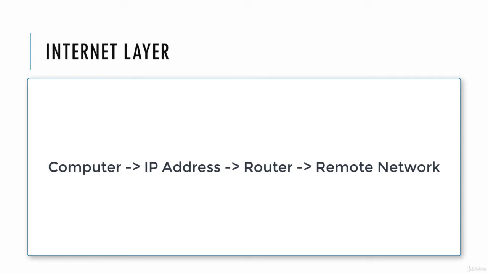Routers can have one interface in one network, while the other interface can be in a remote network, as pictured. Routers will get IP packets from a PC, analyze them using routing tables, and forward them to the interface which is nearest to the packet's destination. Therefore, at the network access layer, we can only communicate using MAC addresses within the same LAN, but at the internet layer, we can communicate between many networks.